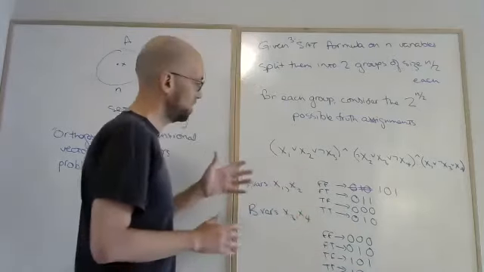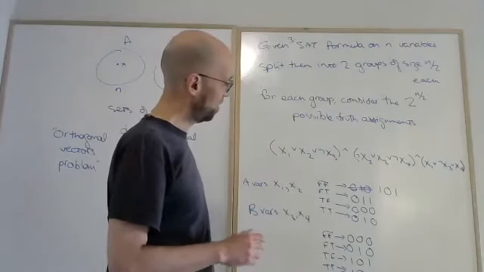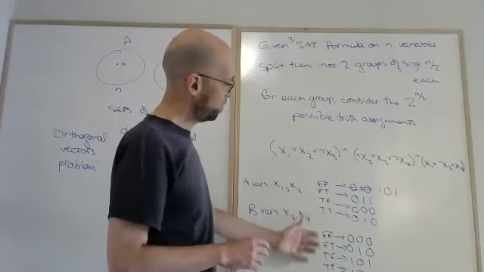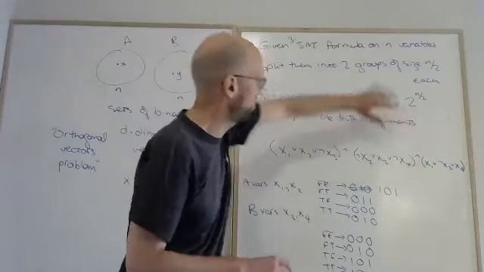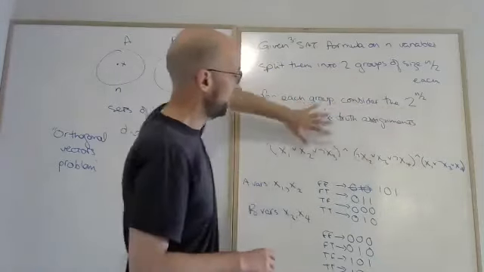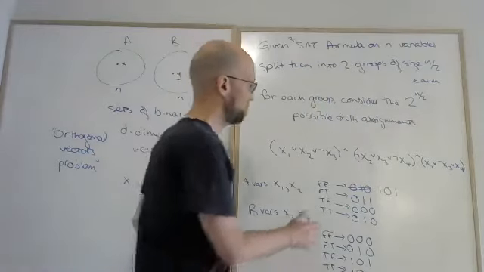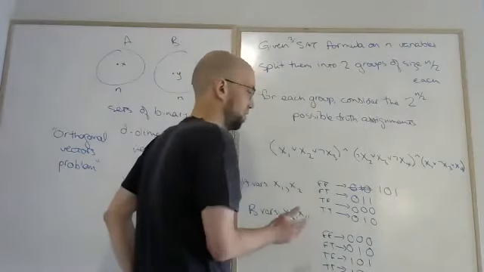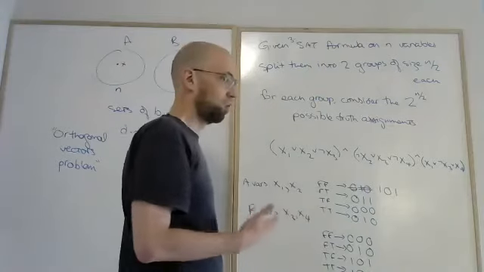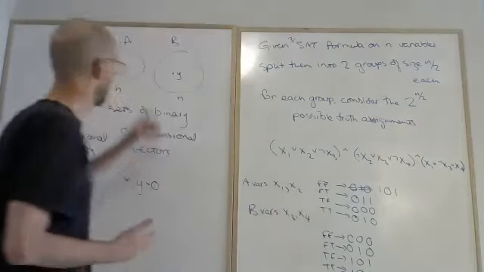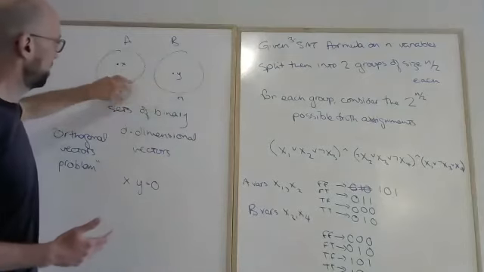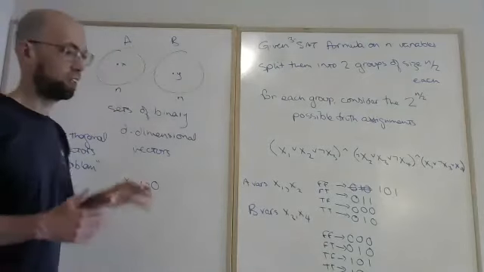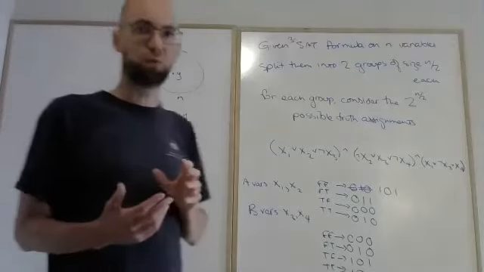But so the idea is here. If I have a formula on n variables, I get an instance of size like 2 to the n over 2. So I get an instance of orthogonal vectors where the 2 sets of vectors are like 2 to the n over 2.